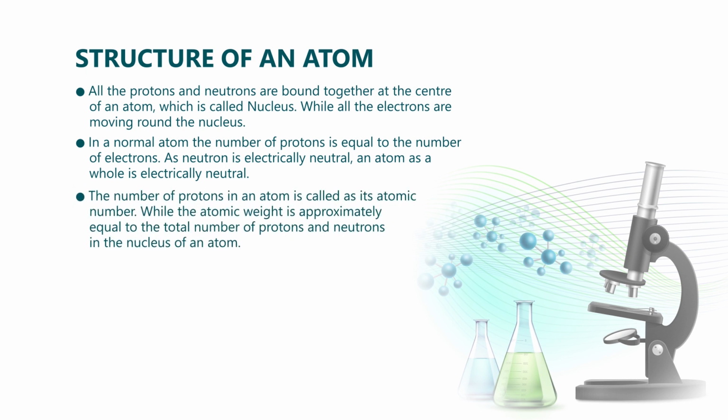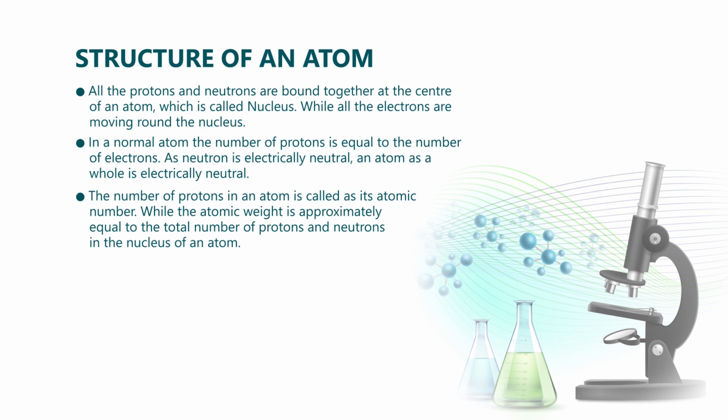The number of protons in an atom is called its atomic number, or we can say that the atomic number is represented by the number of protons, while the atomic weight is approximately equal to the total number of protons and neutrons in the nucleus of an atom.